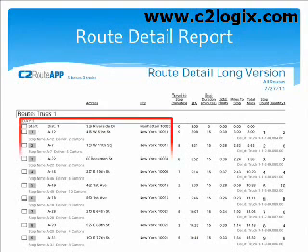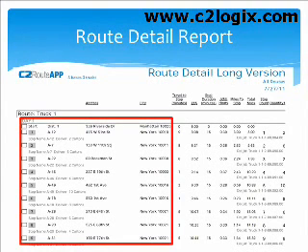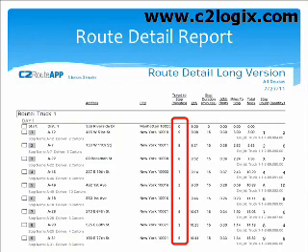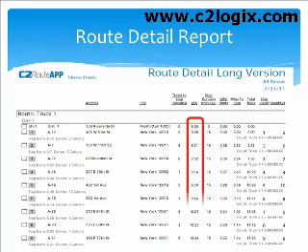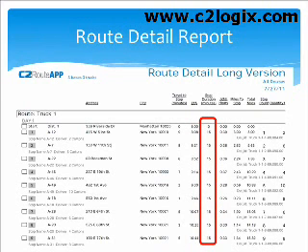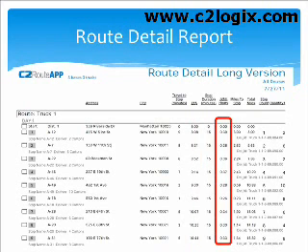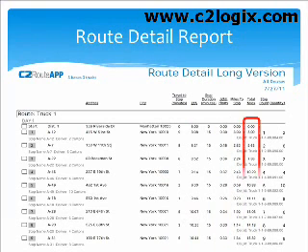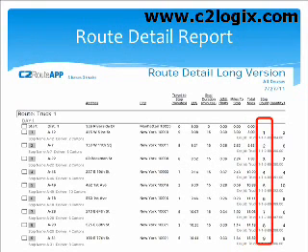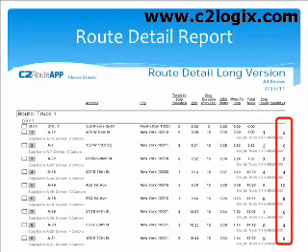The Route Detail Report will give you the stops in sequence along with the location. It also gives you important information such as how many minutes it should take to travel to the next stop, the estimated time of arrival at each stop, the amount of time that is allocated to that stop, the number of miles to the next stop, the total miles that will be driven from the start of the route to that particular stop, the number in sequence of that particular stop for the day, and the quantity of items to be handled if applicable.